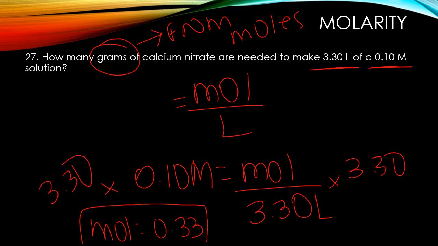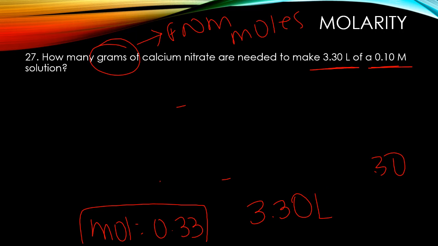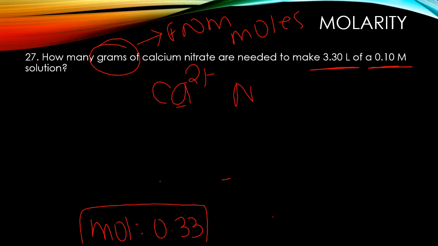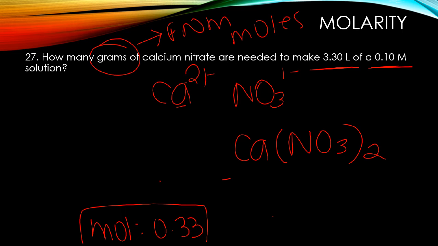Now let me erase really fast. And I'm going to erase all of this. I want to find grams. Calcium nitrate. Calcium has a charge of 2 plus, nitrate NO3 1 negative, so that formula is Ca(NO3)2.